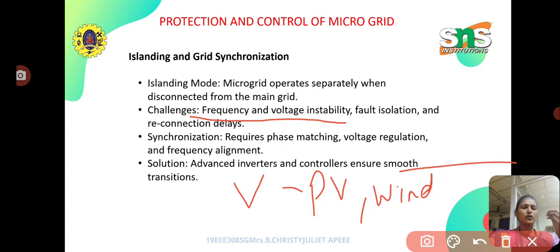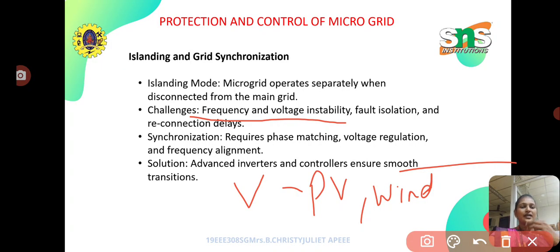So what is the main condition for synchronization? Whatever equipment or sources we are going to connect to a microgrid, the output of the sources should have the same voltage, the phase sequence should be the same, and the frequency should be the same. So these three parameters have to match in order to go for synchronization.